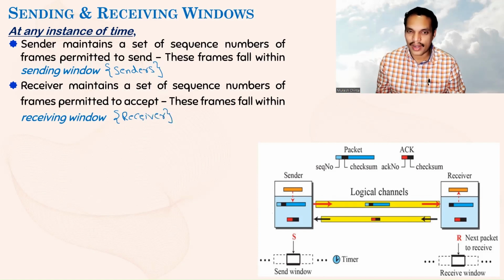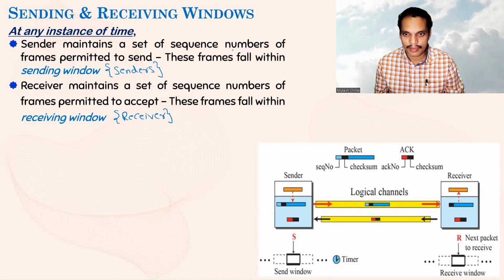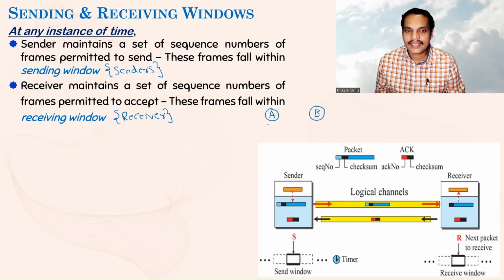Okay. To understand what these two things are, as I told you, we discuss sequence numbers. Let me take a small example. If I have A as sender and B as the receiver, and A has the capability of sending 3 frames at a time without waiting for an acknowledgement, the sender's window size will be 3.